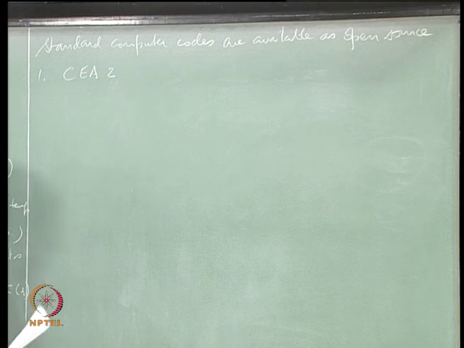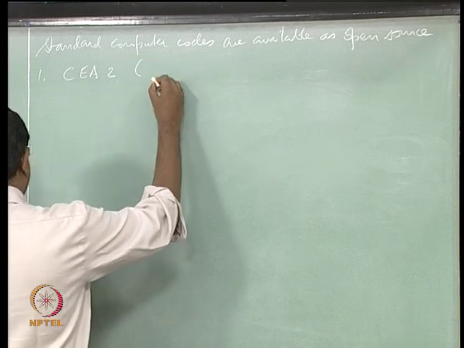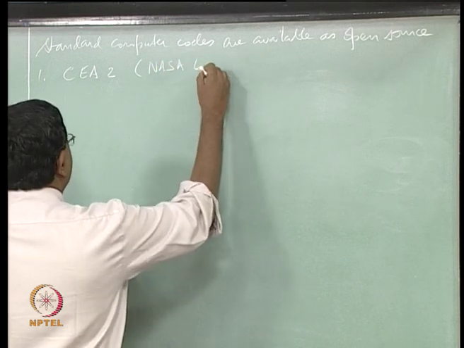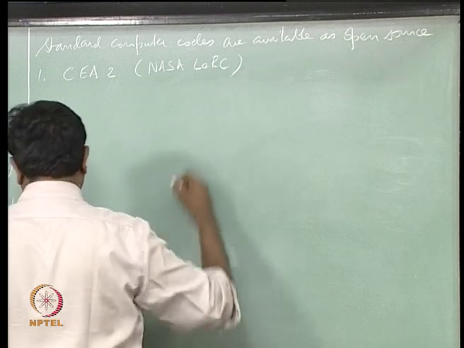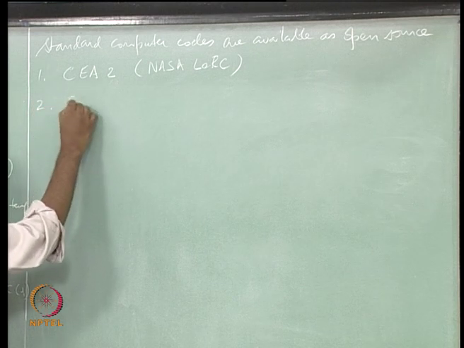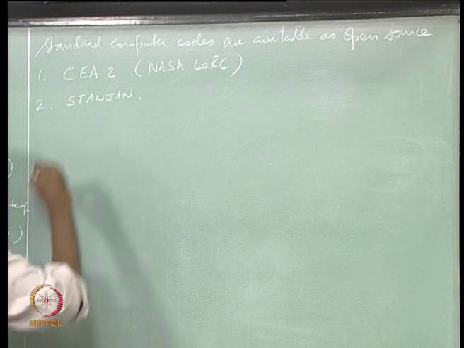It's actually available from the NASA Lewis Research Center. So you can look for these and download and so on. I can give you more information about this. There is also another one we can look at called StanJan and so on.